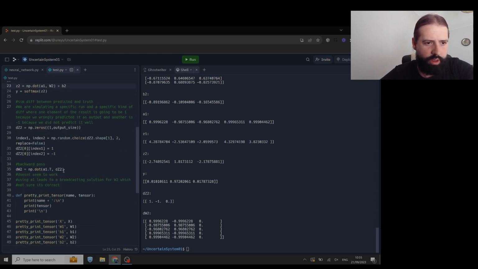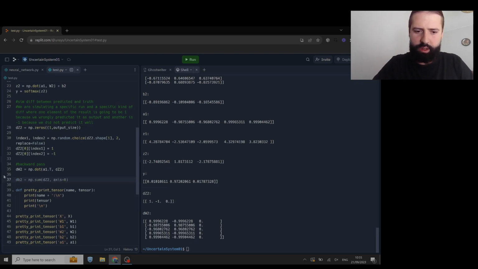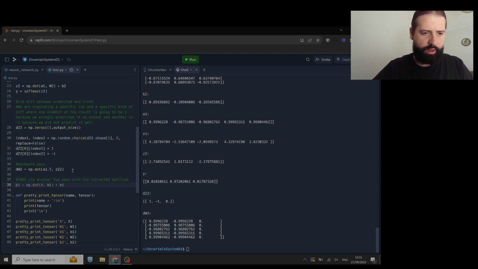So that's probably what we want to do: simulate another forward pass with the corrected matrices. Okay. See if that has anything.